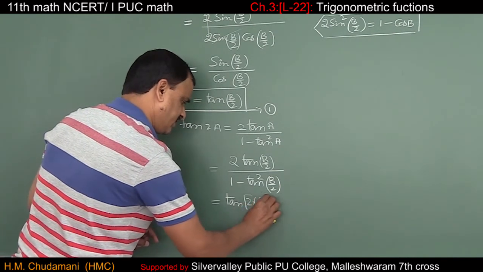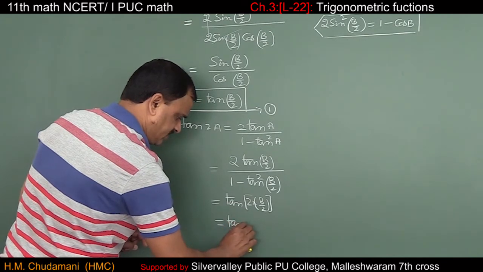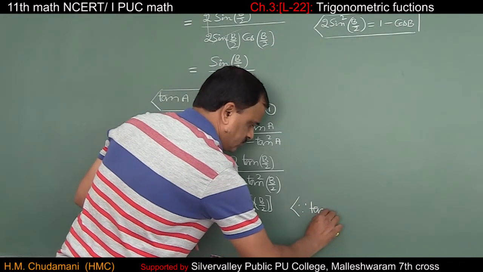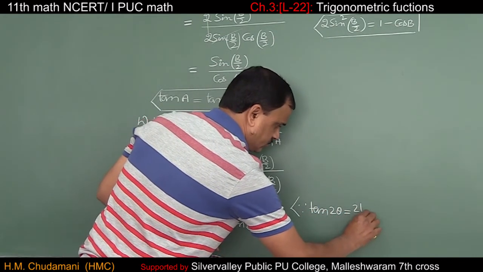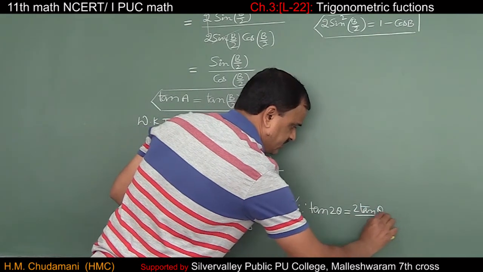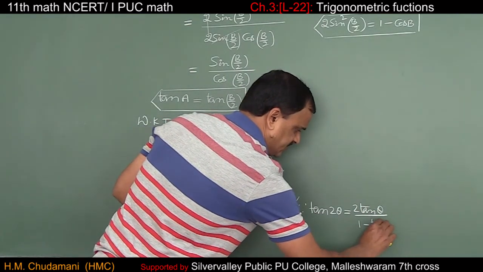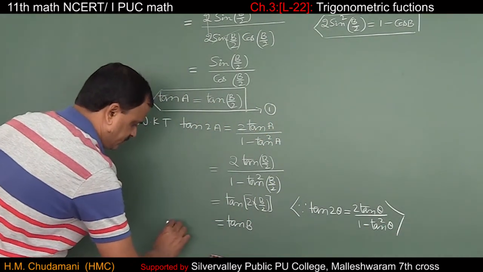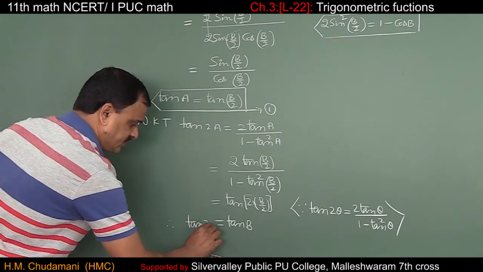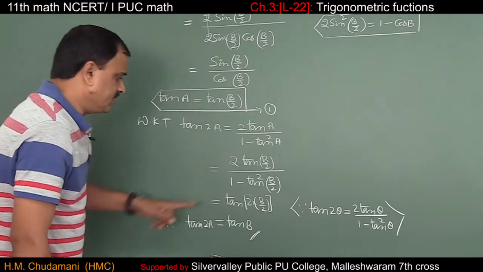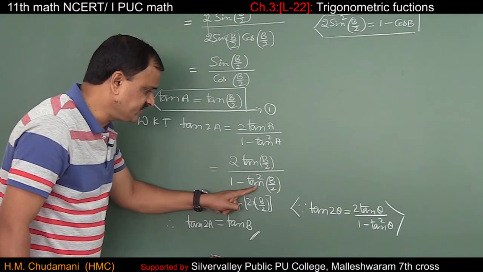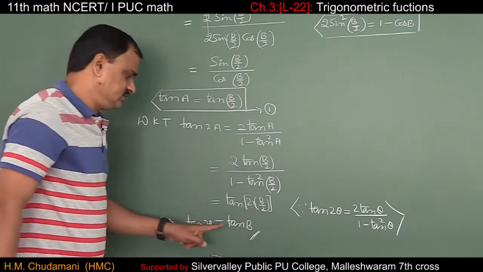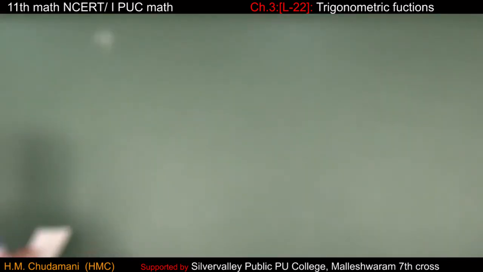Tan 2 into B by 2 is equal to tan B. Why? Because tan 2 theta is equal to 2 tan theta divided by 1 minus tan square theta, tan 2 theta in terms of tan. So therefore tan 2A is equal to tan B. 39th one.